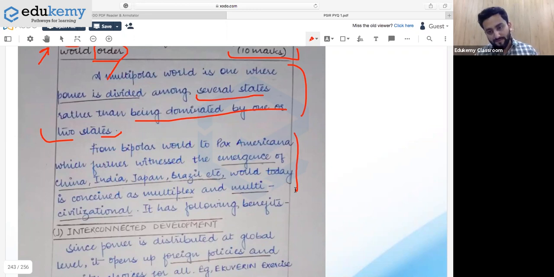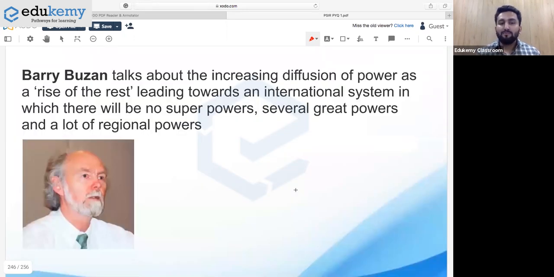Okay, you can use Barry Buzan's views. He says that increasing diffusion of power as a rise of the rest leads towards an international system in which there will be no superpowers, several great powers, and a lot of regional powers. Don't you think this line itself tells us about multipolar world order?